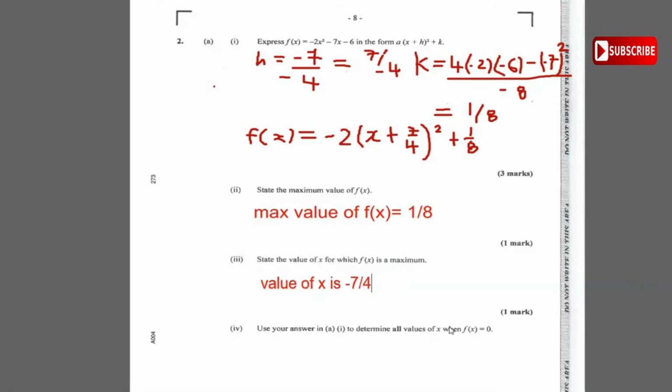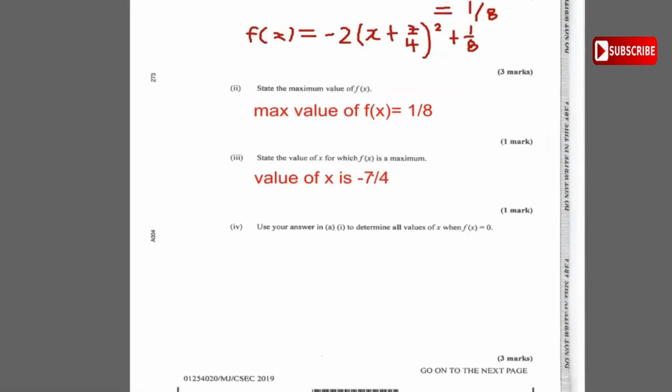Minus 7 over 4. Now this says, use your answer in the first part of the question to find all values of X for when f of X equals 0. So it wants us to use this solution and use this vertex form to solve for the roots.